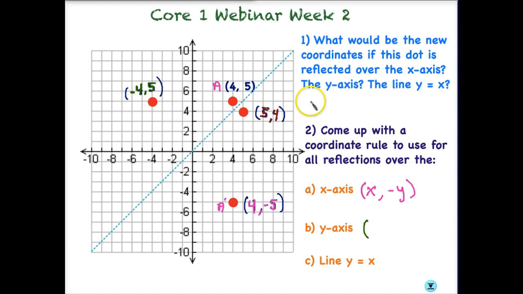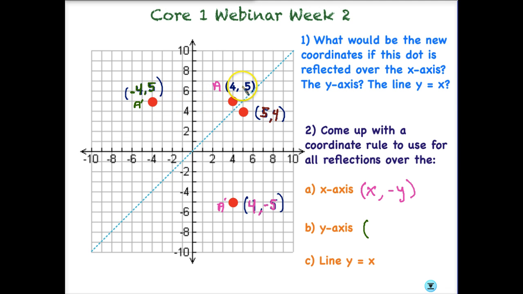What did you do differently to point A here that had 4, 5 to change it to point A over here to make it be -4, 5? What did I have to do different? We'll call that A prime. So how did this change?